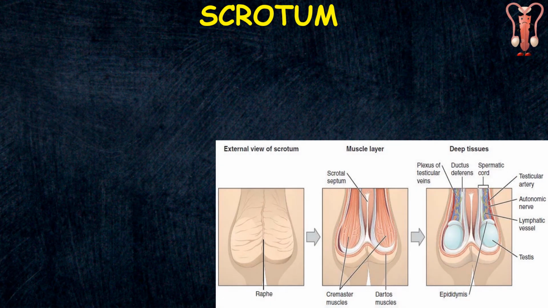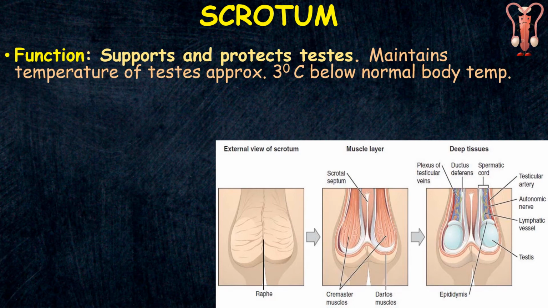The scrotum is where the testes are located, and its function is to provide an environment for the testes that is below the normal body temperature. This lower temperature is very important and necessary for the production of viable sperm within the testes.